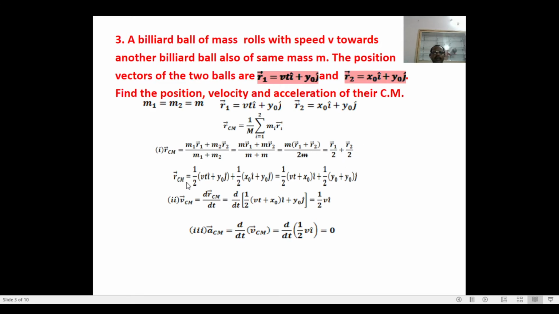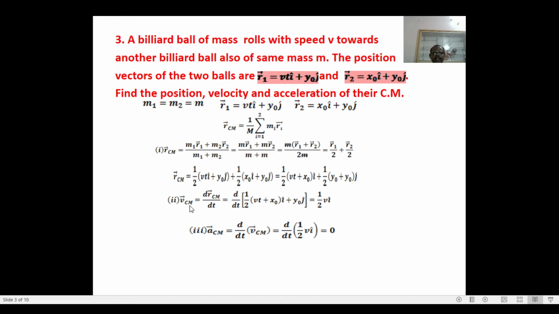The position vector of center of mass is half into vt i cap plus y naught j cap plus half into x naught i cap plus y naught j cap, which is also equal to half into vt plus x naught i cap plus half into y naught plus y naught j cap. Here the coefficients of i cap are separated and the coefficients of j cap are also separated.